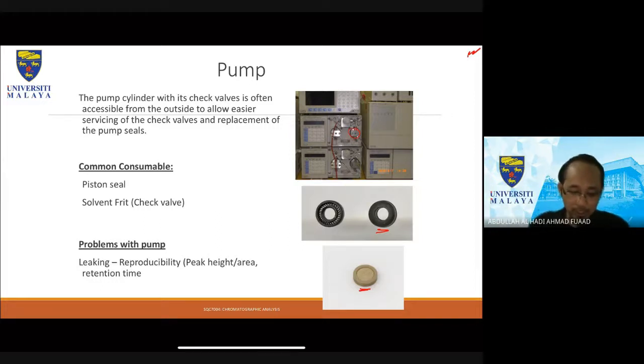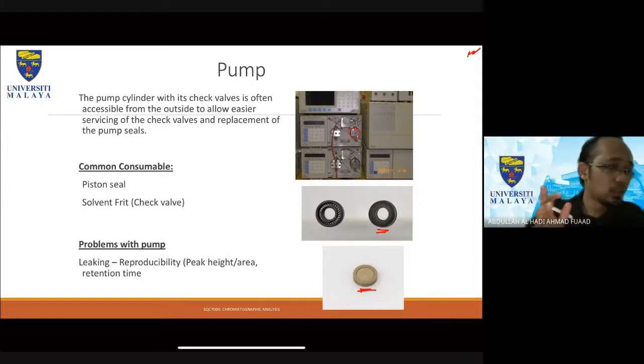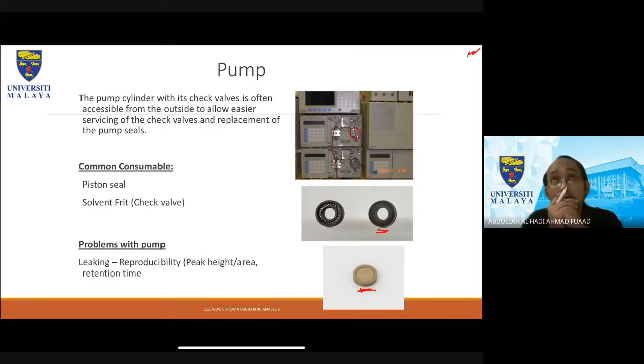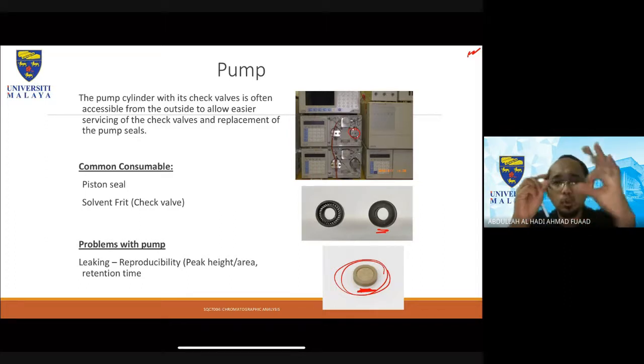Okay, so there are common consumables. However, they are not cheap. They are rather expensive. This frit, okay, is the size of, how do I compare that so that everyone has an example? If you take a 10-cent coin, which is about that size, this filter over here is roughly about 2 to 3 millimeters.